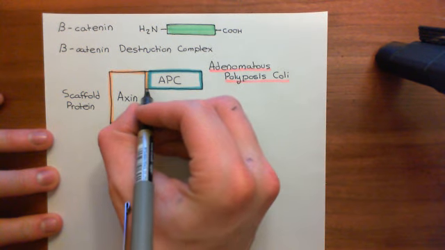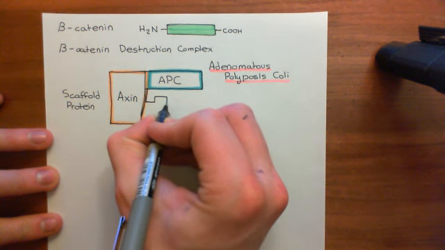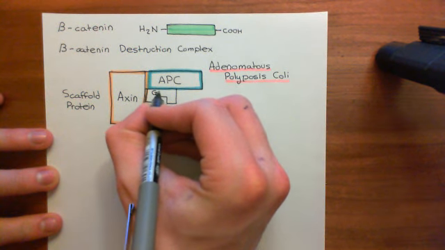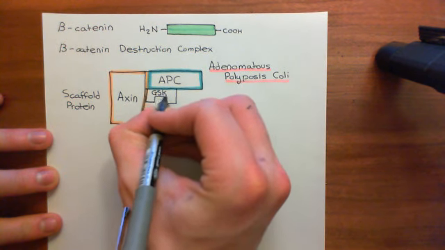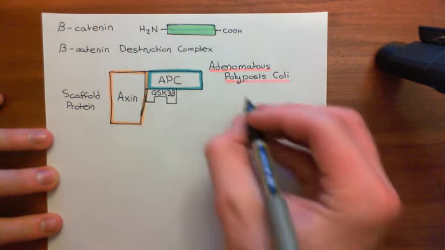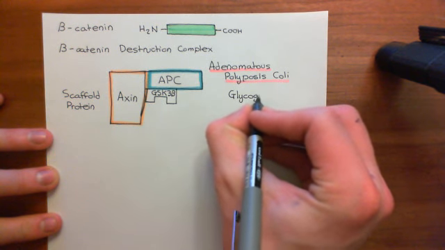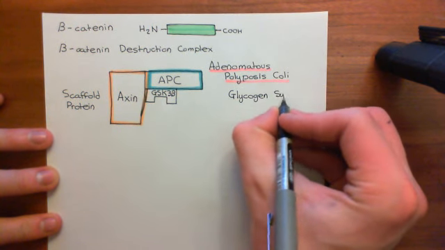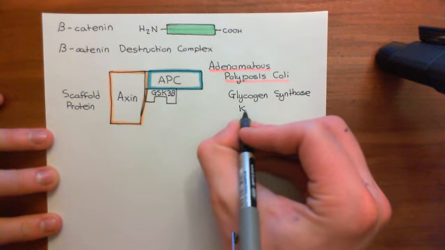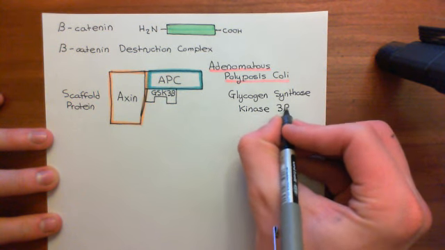We're now going to get some enzymes binding here. The first enzyme I want to discuss is glycogen synthase kinase 3 beta, often abbreviated to GSK 3 beta. What does that stand for? The G is for glycogen, the S is for synthase, the K is for kinase, and then 3 beta.